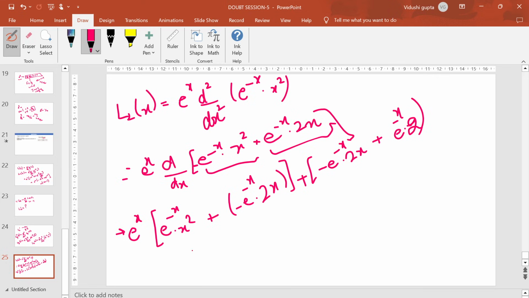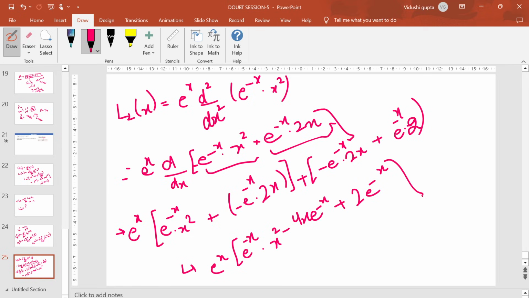Now after solving it, it will be e^x multiply e^-x into x square minus 4x e^-x plus 2e^-x. So it will be x square minus 4x plus 2.